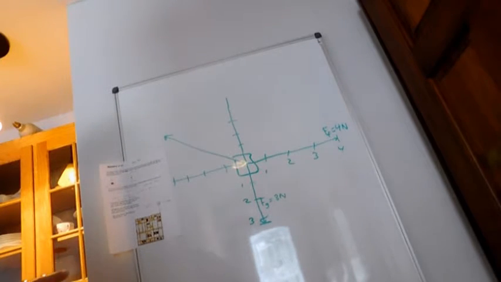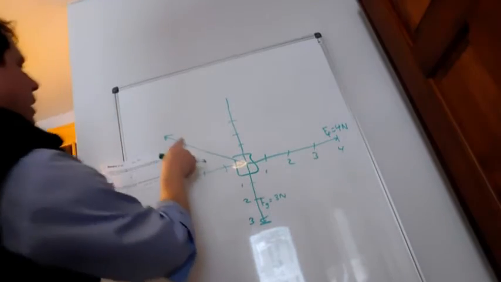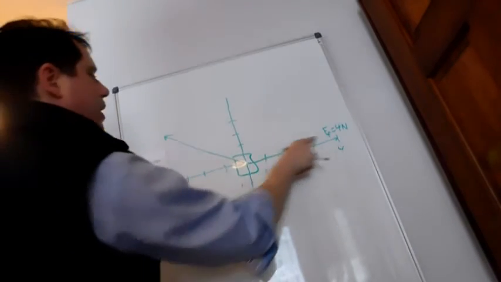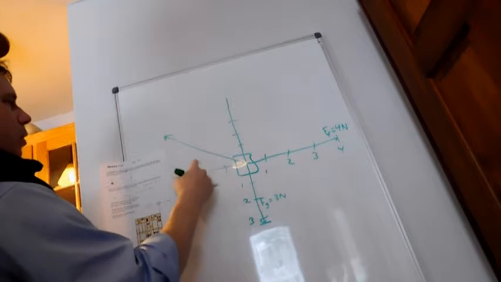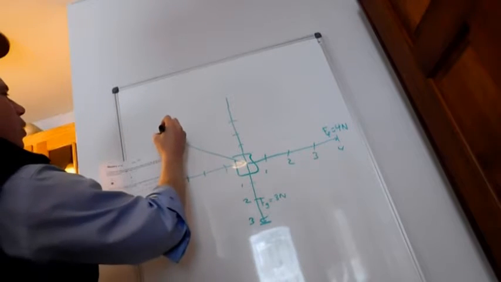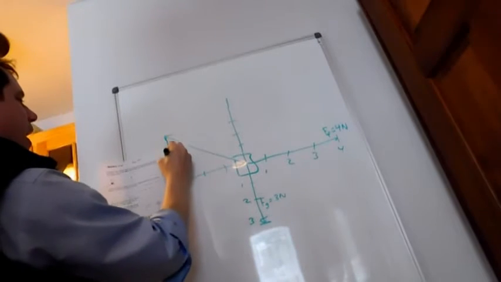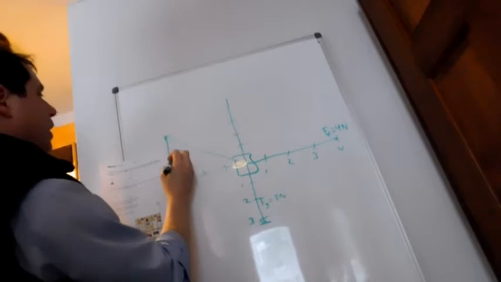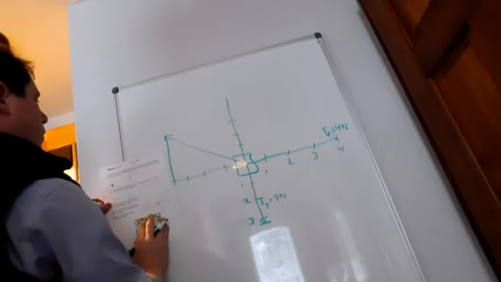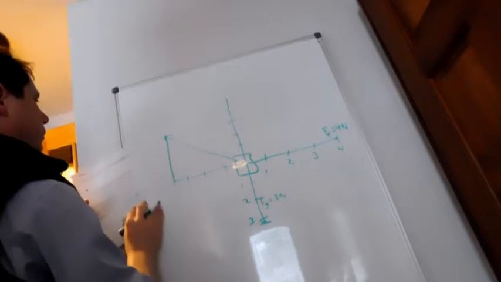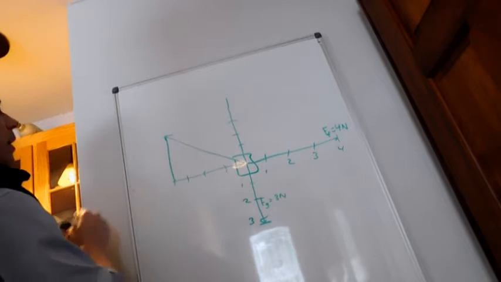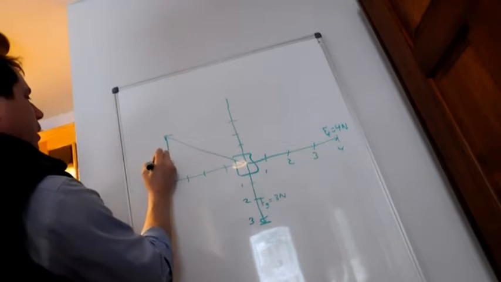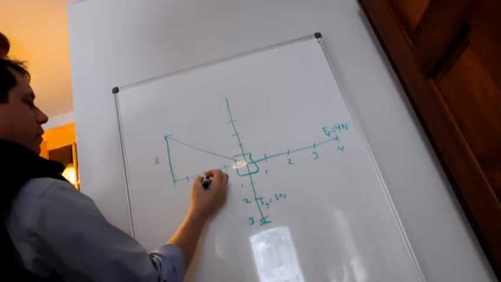And now for the magnitude part of this, well, we know that this arrow looks a little bit longer than that arrow, and it's definitely longer than this one, but how big is it really? What we have to do here is use the Pythagorean theorem. And we know that this side is, let me move this over a little bit. This side is 3 newtons, but I'm just going to use the number 3 for now.